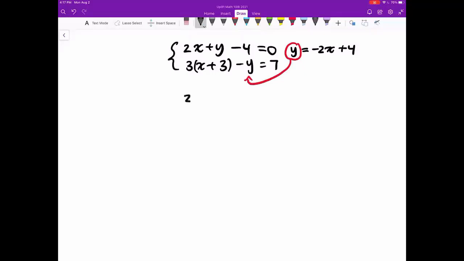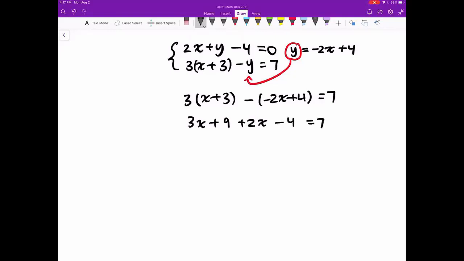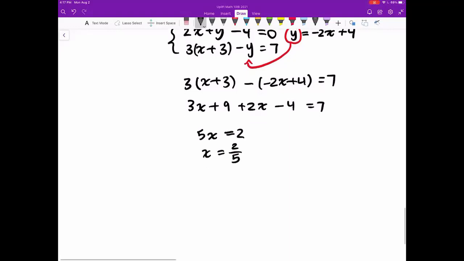We get negative 3 times (x plus 3) minus (negative 2x plus 4), and we get 3x plus 9 plus 2x minus 4 equals 7. Here we get 5x is equal to 2, and then x is equal to 2 over 5.